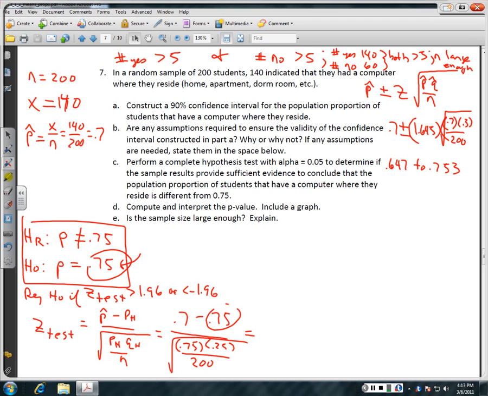And I get minus 1.63, which is not greater than 1.96, and it's not less than minus 1.96. So I fail to reject H0.